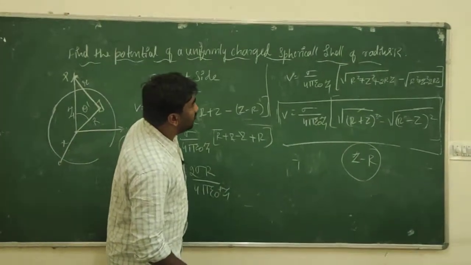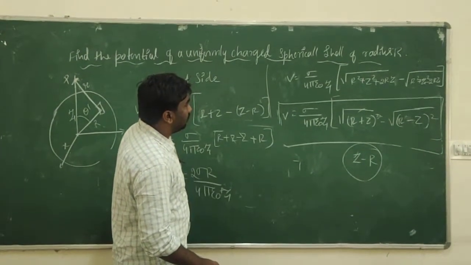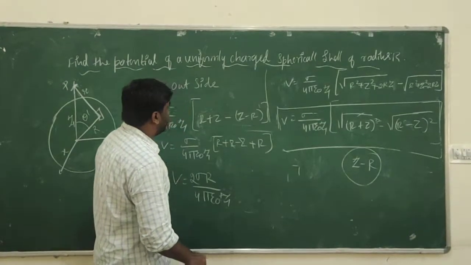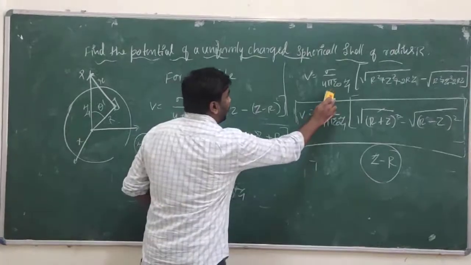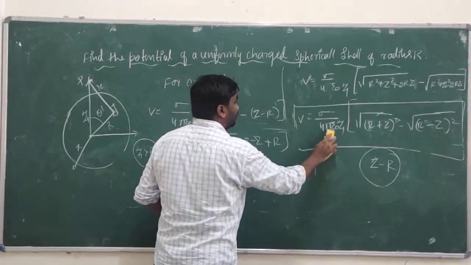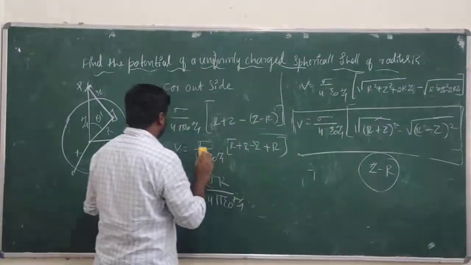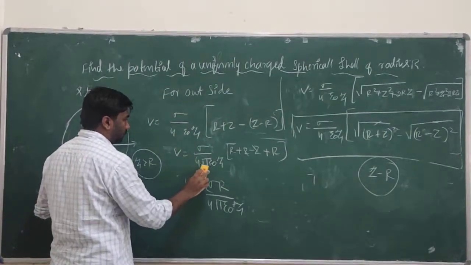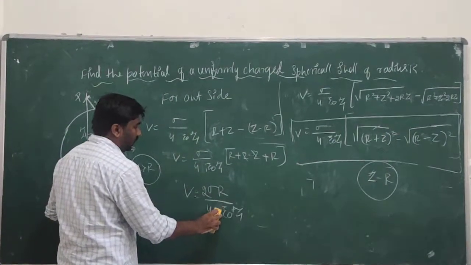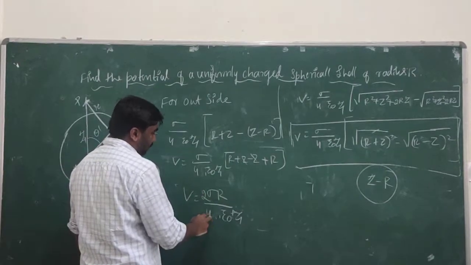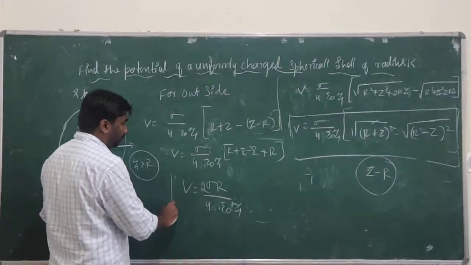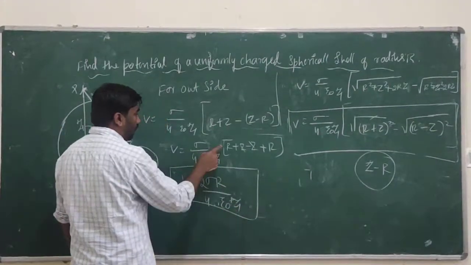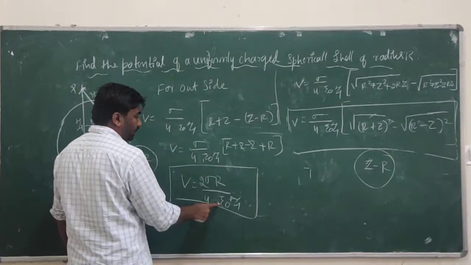Sorry, the pi is already cancelled earlier, so here pi will not come. So the answer is 2 sigma r divided by 4 epsilon naught z.